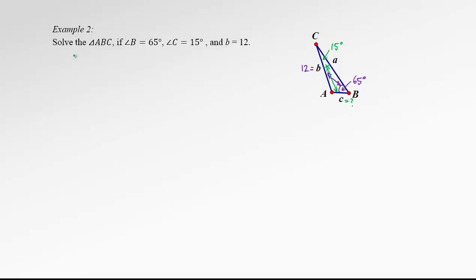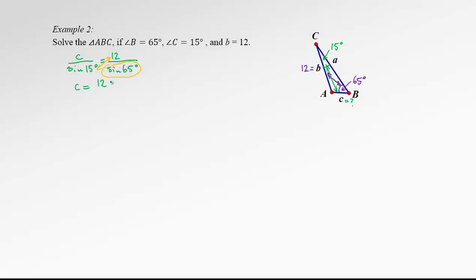Okay, let's set up our proportion. C over sine of 15 degrees equals, and the given data is 12 over sine of 65 degrees. Now to solve for C, we multiply across and divide by the third value.